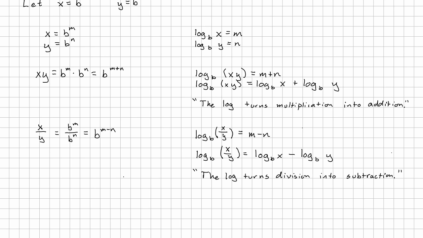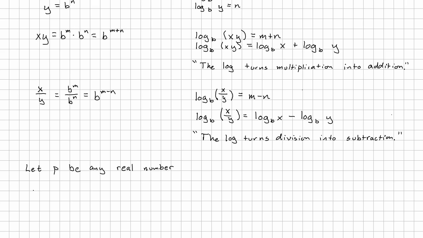Okay, so we have one rule for when we're multiplying two powers of the same base, another for when we're dividing two powers of the same base. We have one more rule of exponents for when we take a power of a power. So let's introduce a new symbol, say p. If we take x to the power p, that's b to the m to the p.